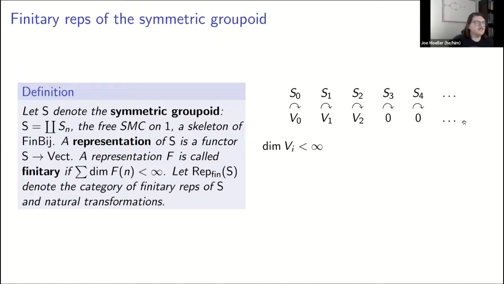It looks like a bunch of vector spaces, one for each natural number, and the corresponding symmetric group always acts on that. The finitary part means that eventually these are all zero, and they're all finite dimensional. And we get a category of these where the natural transformations between these functors are the morphisms.